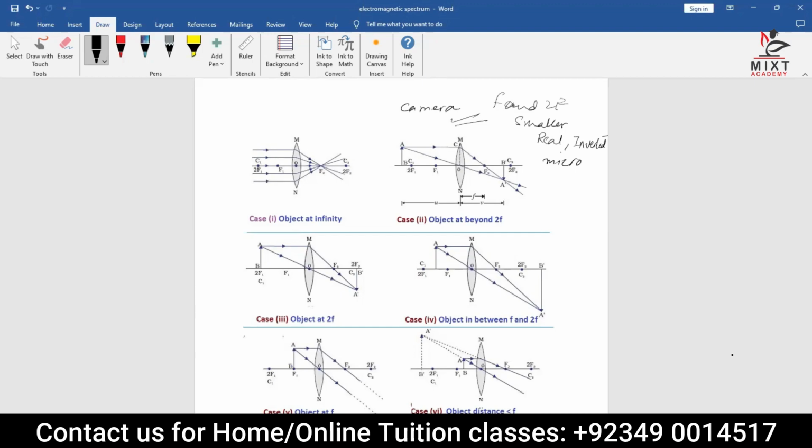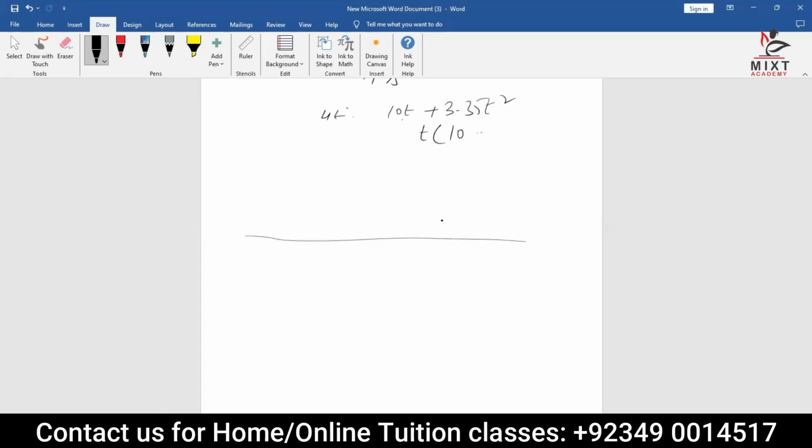Now the second example is this one, where you place the object at 2f. This is focus, this is focus, this is 2f, this is f, and this is 2f as well.